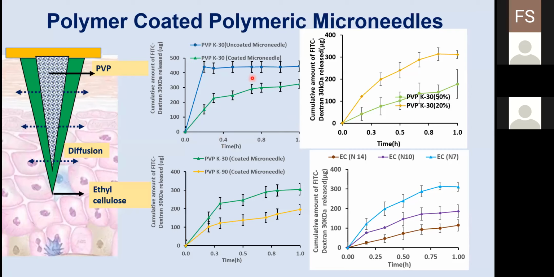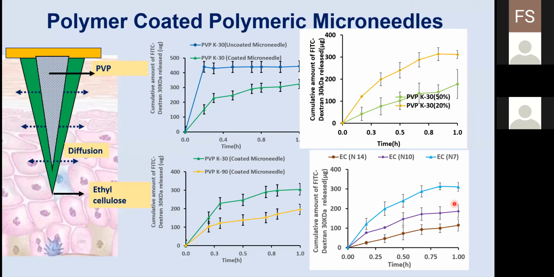In uncoated microneedles, the drug was instantaneously released, but in the coated microneedles, it was retarded. You can change the concentration of the polymer used for making the core microneedles, change the grade of that polymer, and even play with the grade of the coating polymer. So you have different things to play with to achieve the desired rate of drug release from your microneedle.